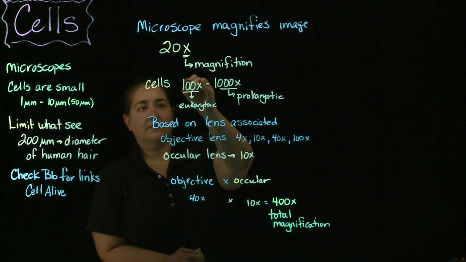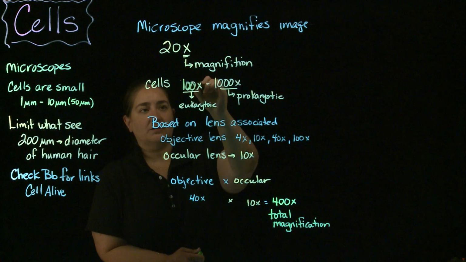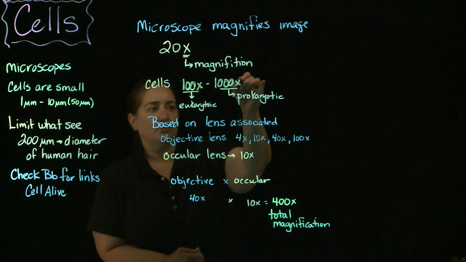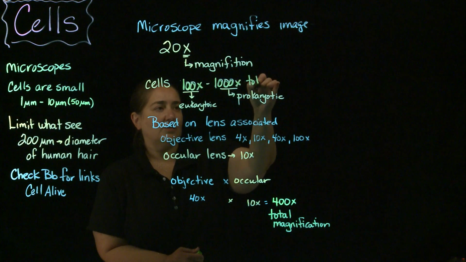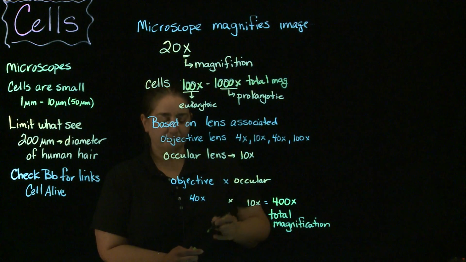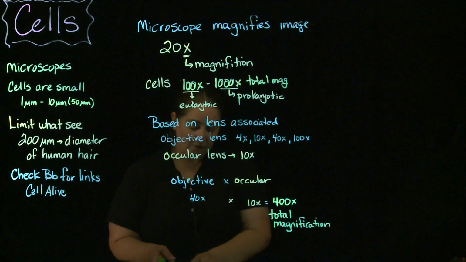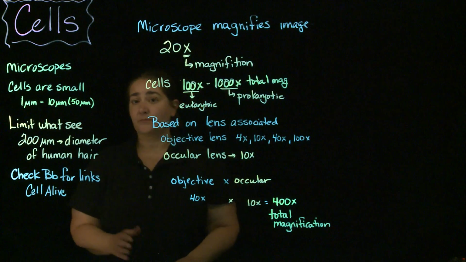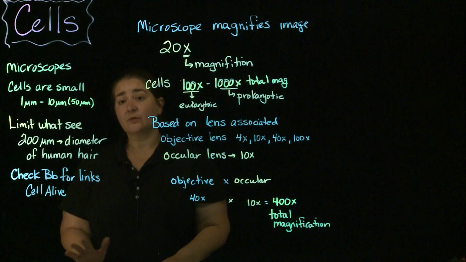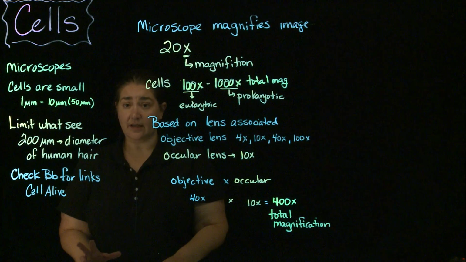And I'm going to put these in green because the numbers I'm talking about here are total magnification. Okay? So that's kind of some simple math. In terms of this class, that's about as complicated as the math is going to get.